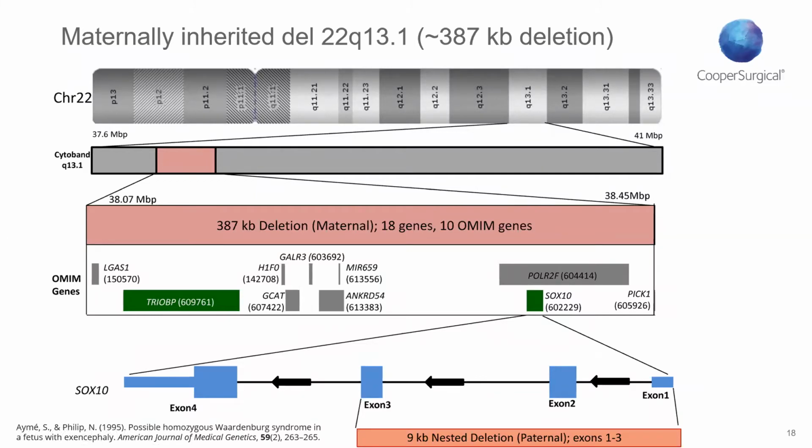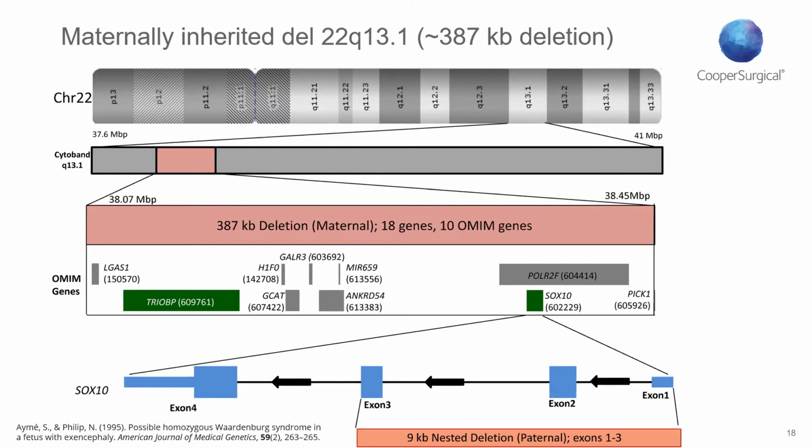So these referrals can be quite complex, and this is sometimes why we ask further questions of the referring clinician. If you're not sure how to answer those questions, we would love for you to be in contact with the referring consultant clinical geneticist to shed more light on how this couple was counseled, what these 10 OMIM gene entries are, what the 18 associated genes are, and whether we know the function of these genes.